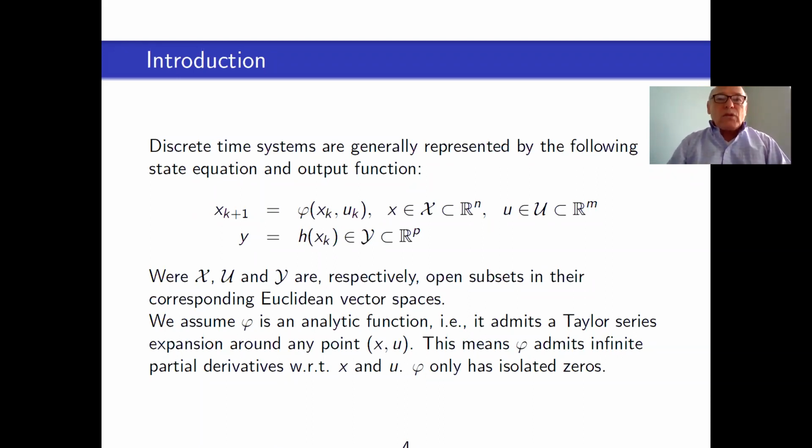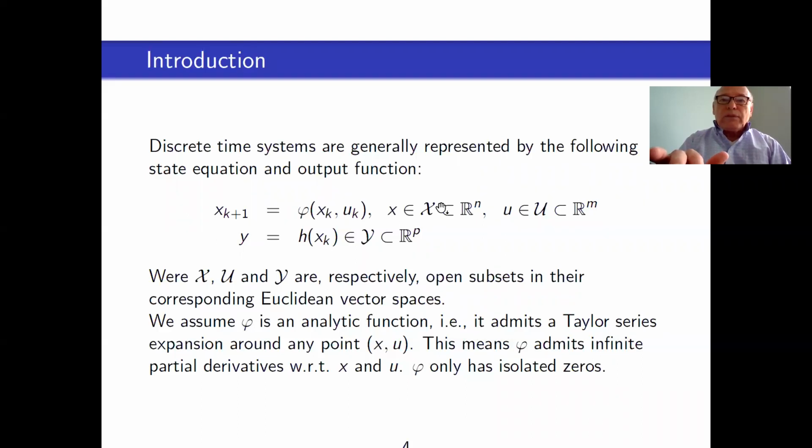To explore the structural aspects, we have a state equation, which is constituted by a nonlinear map. This nonlinear map takes states and current control inputs to produce the next state.